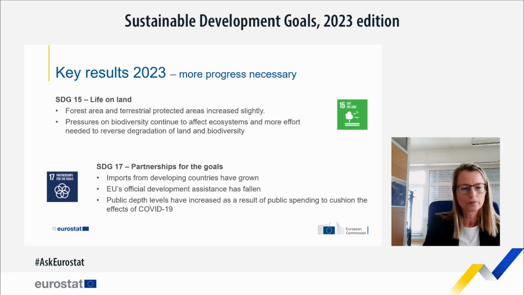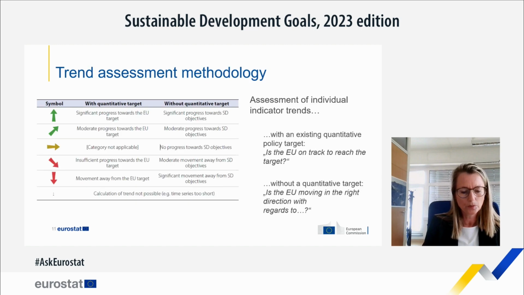Now I give you a bit of background on the next slide, also how we come to our assessment. So for each indicator, we check the past 15 years and the past 5 years, and if there is a policy target, we check whether we are on track to reach the target. If there is no quantitative target, we analyze whether we are going in the right direction to reach the target.